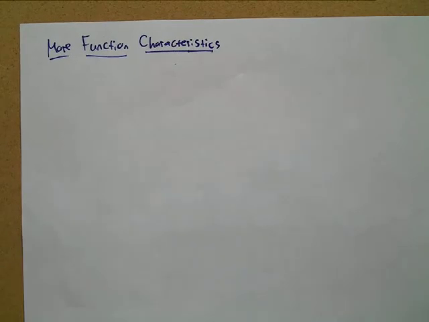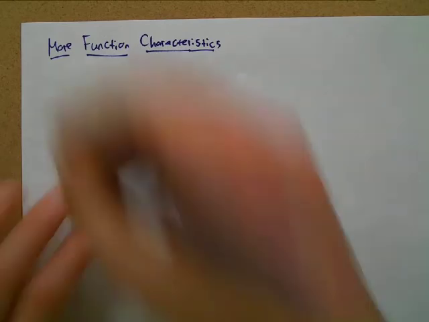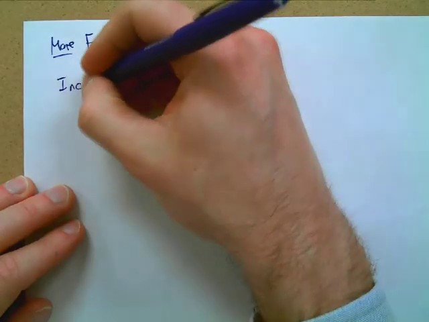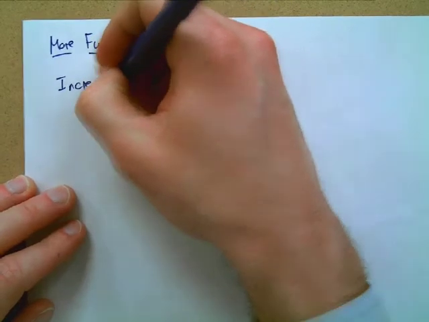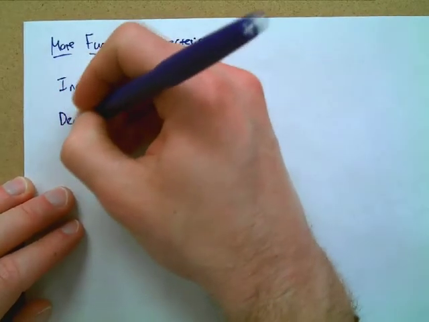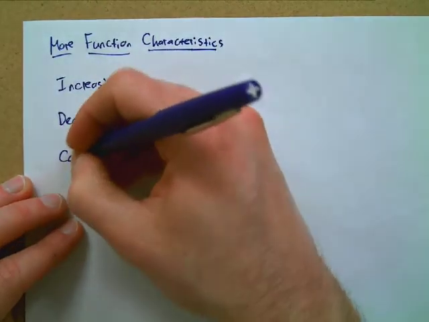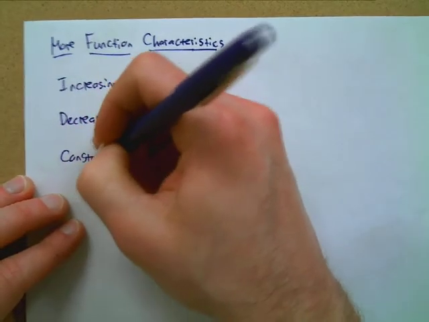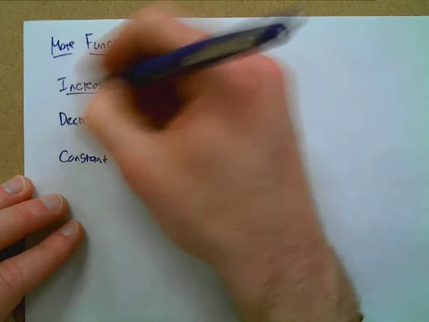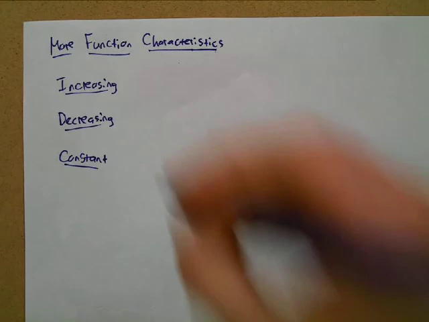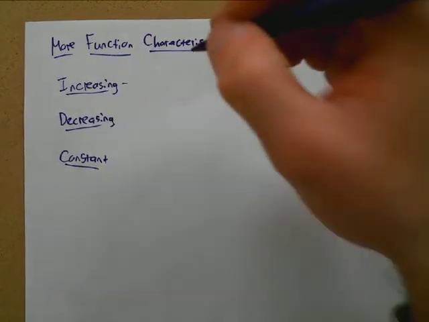Some other things we want to be able to describe about our function: increasing, decreasing, or constant behavior. How do we know if a function's increasing?